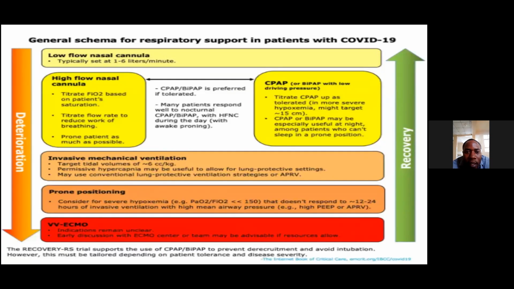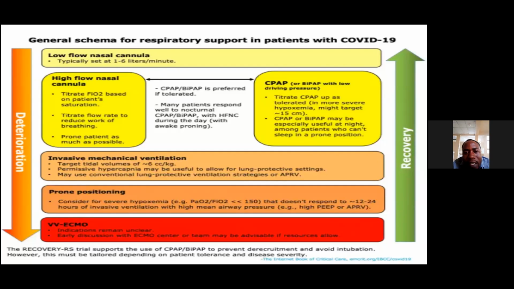Again, this table is to show you how you can escalate the oxygen therapy from low flow nasal cannula to intubating your patient, or even providing extracorporeal membrane oxygenation if you are in a setting where you can achieve it.